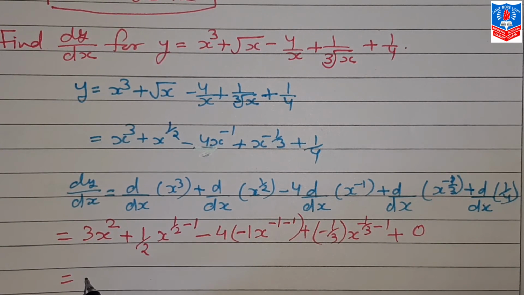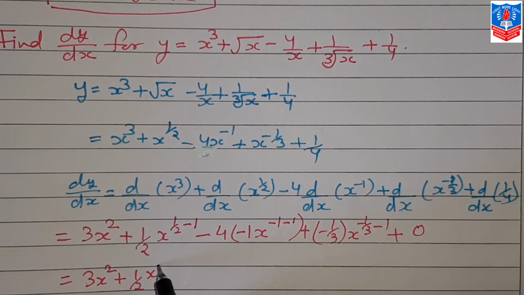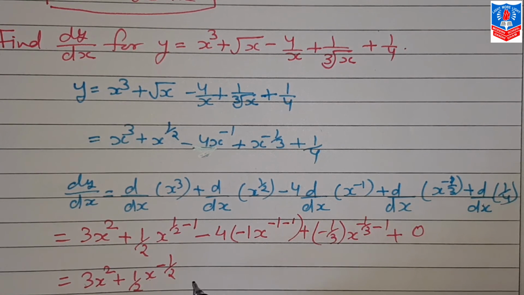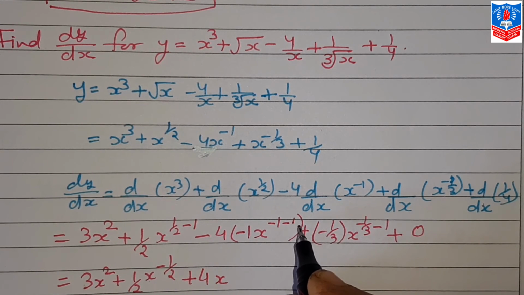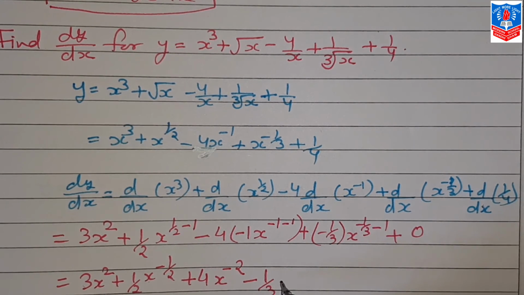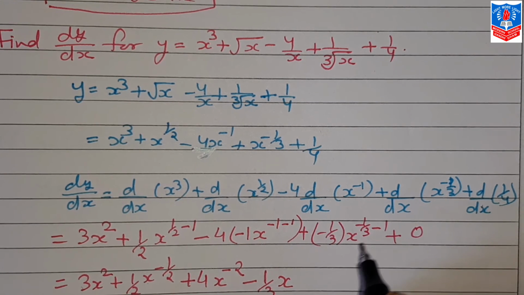Now this value is 3x square only, plus half x raised to half minus 1 will be minus half. Now here minus 4 into minus 1 will be plus 4, x raised to minus 2, plus minus 1 by 3 x raised to minus 1 by 3 minus 1.